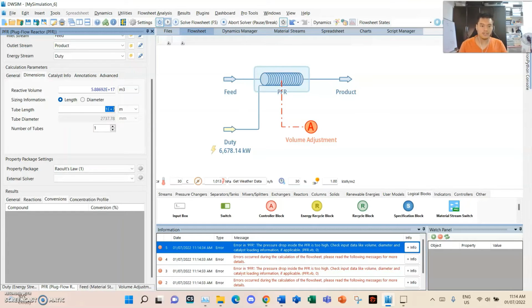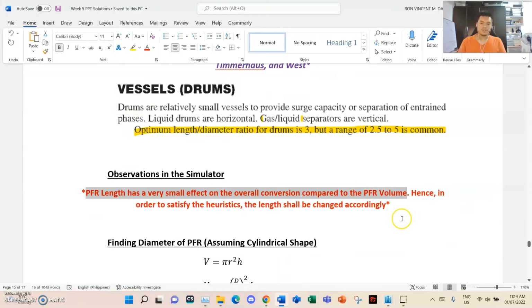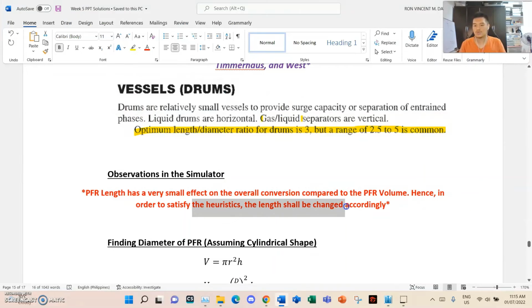If I put here 7, conversion is 80. If I put here 4, conversion is also 80. So that means that the tube length has a very, very minimal effect with regards to the conversion of ethane. That's why, in order to satisfy the heuristic stated above, the length shall be changed accordingly.